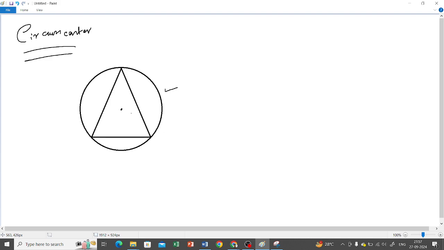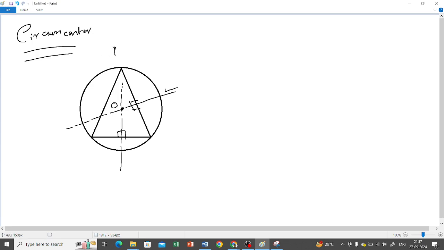Circumcenter is the intersection of perpendicular bisectors of any two sides. If I draw the perpendicular bisector of this side, perpendicular bisector means a line which is perpendicular to a side and bisects it. The perpendicular bisector of this one. This is the circumcenter.